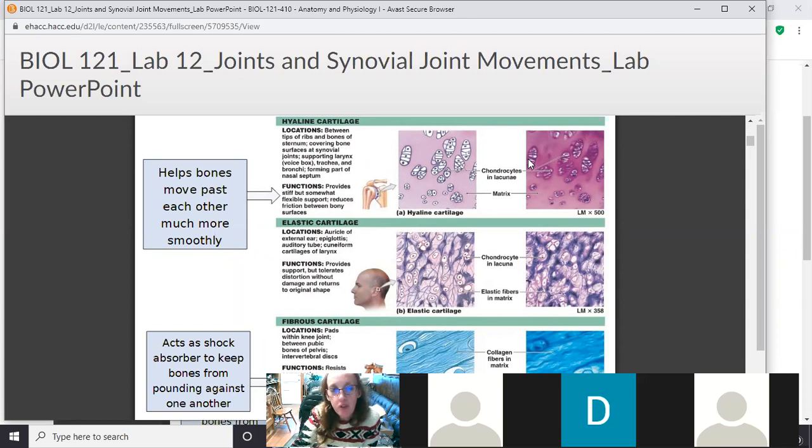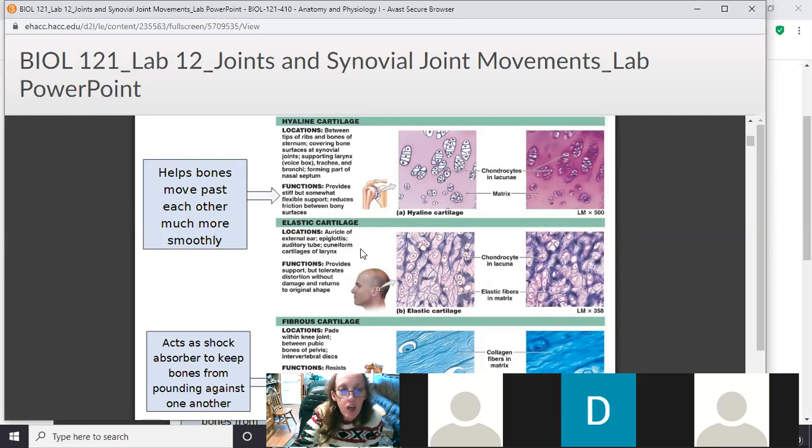If you've heard people who have joint problems say it's like bone on bone, a lot of times that's hyaline cartilage or fibrous cartilage that's missing. Elastic cartilage: the auricle of the ear, the epiglottis, which keeps you from choking.